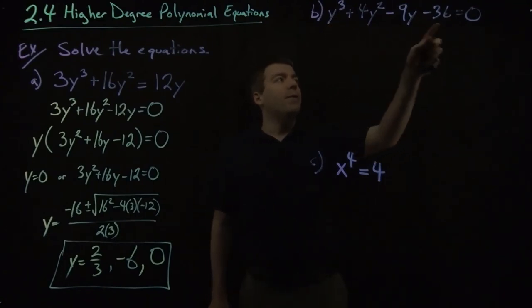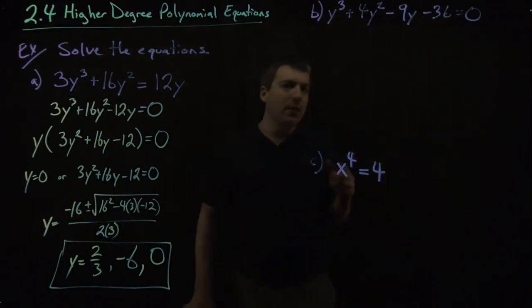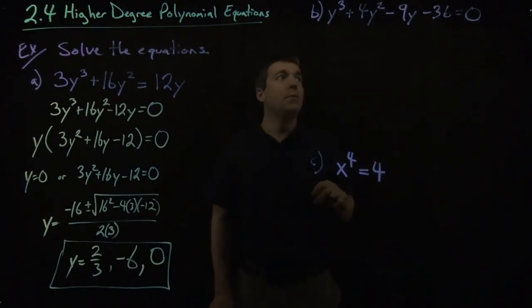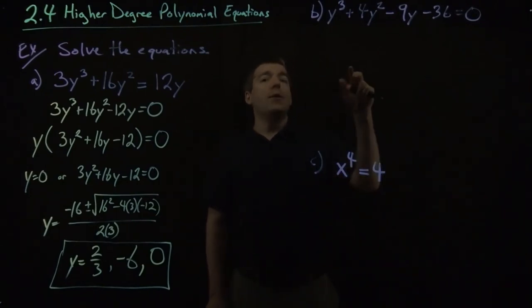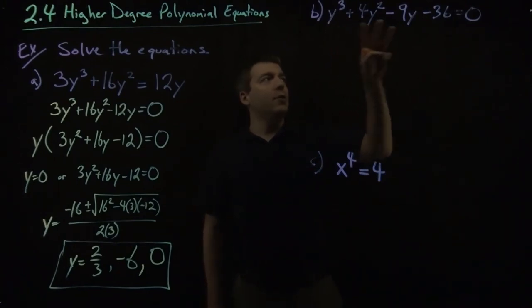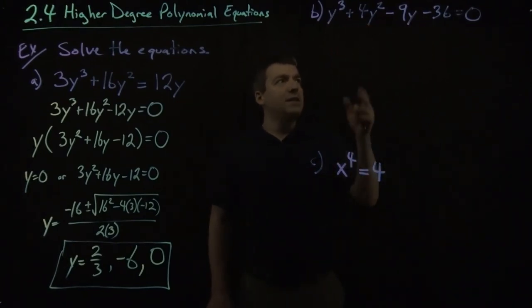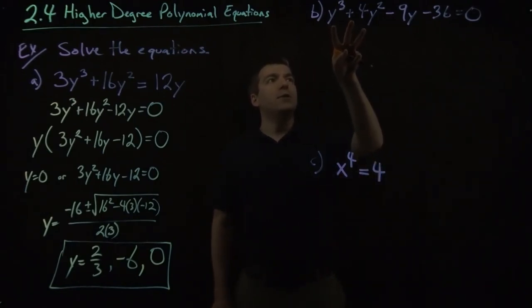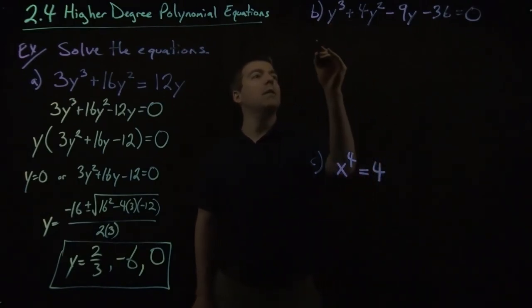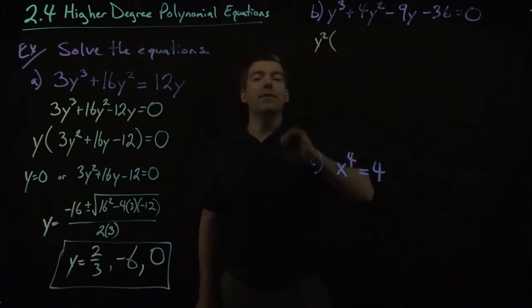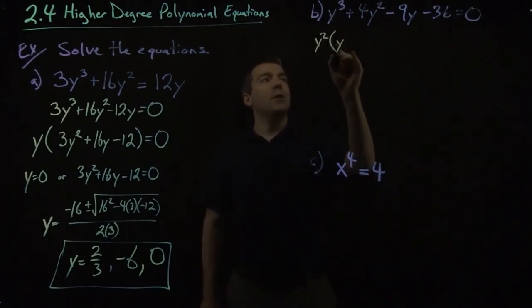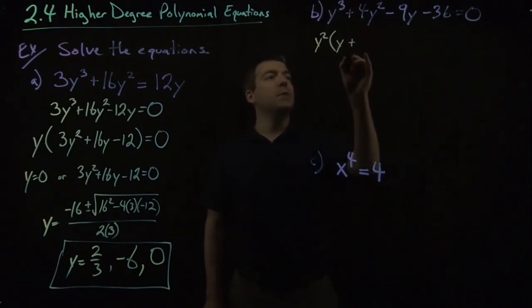Here we have 4 terms, so we try to look for a way to factor by grouping, if possible. Factoring by grouping means we look at pairs of terms and see if there are any common factors between them. If we look at the first two terms, y squared is a common factor. Taking a y squared out of this term leaves y, and out of this term gives us plus 4.